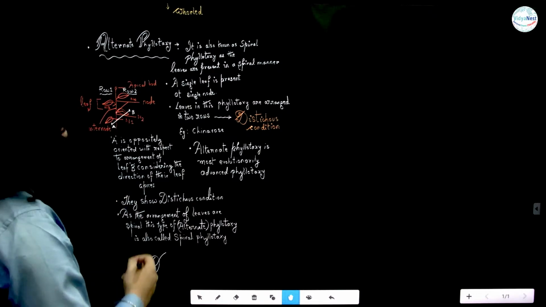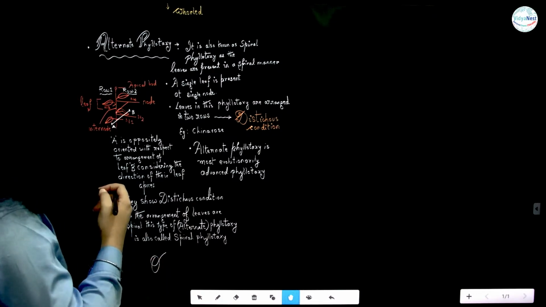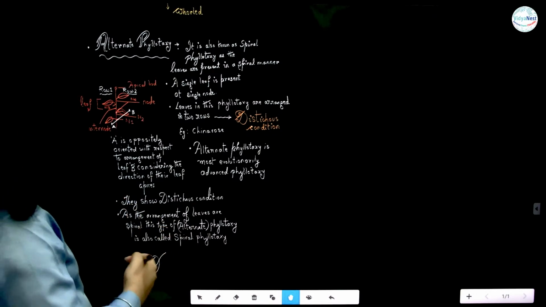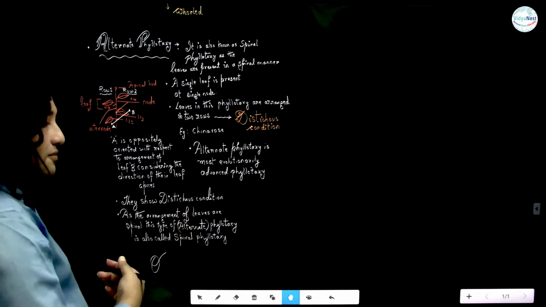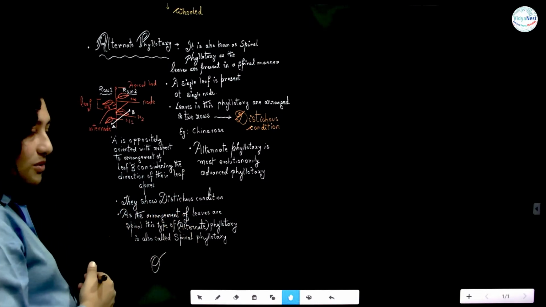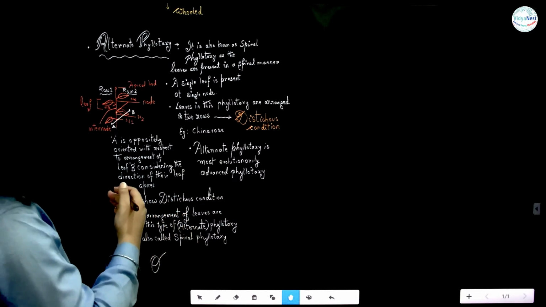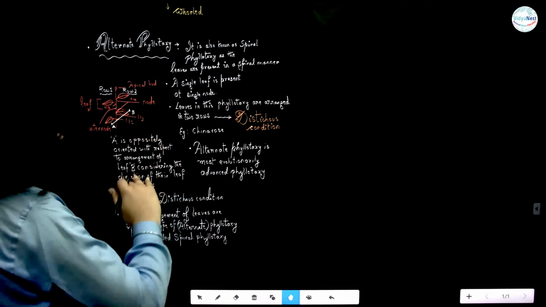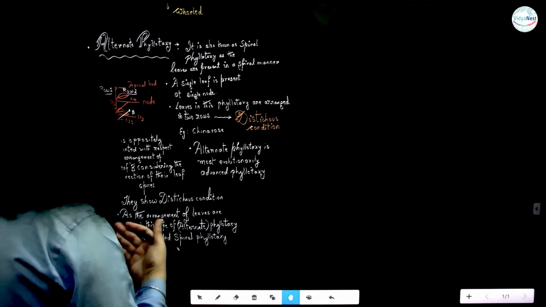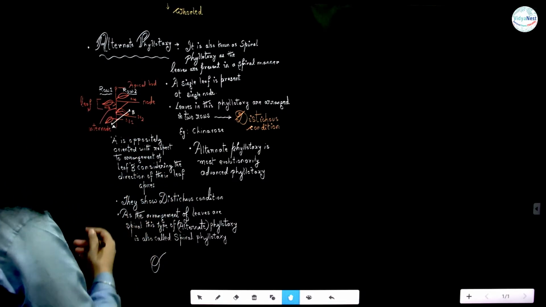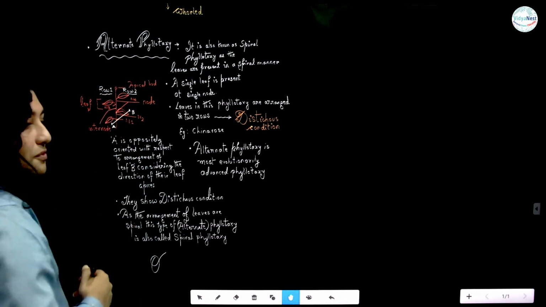That means one particular leaf apex is opposite to the apex of the subsequent leaf which is present above or below, and moreover they are arranged in two different rows.